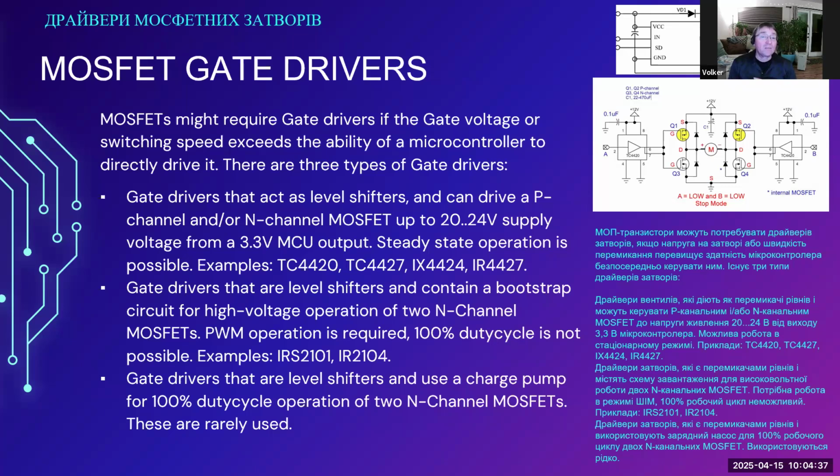They cannot operate at 100% duty cycle, meaning when the supply voltage approaches the voltage of the output, it cannot simply turn on the high side MOSFET. It has to keep switching, and it will drop the output voltage much below the supply voltage. There always needs to be a voltage differential between these two.